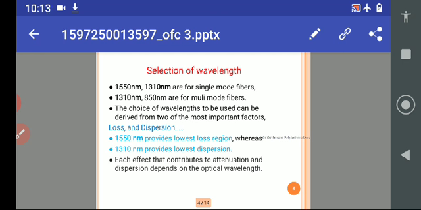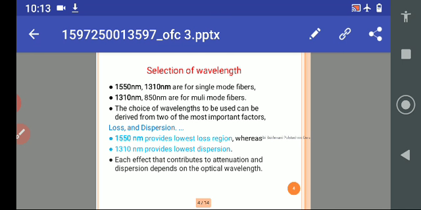The single mode fiber makes use of two centralized wavelengths: one is 1310 nanometers and the other is 1550 nanometers. Similarly, multi-mode fibers make use of 850 nanometers and 1310 nanometer wavelengths.